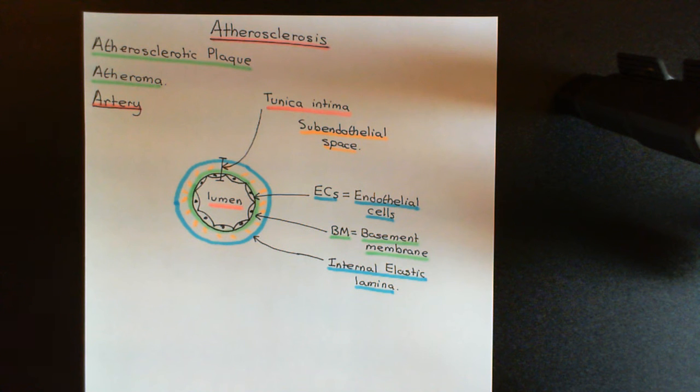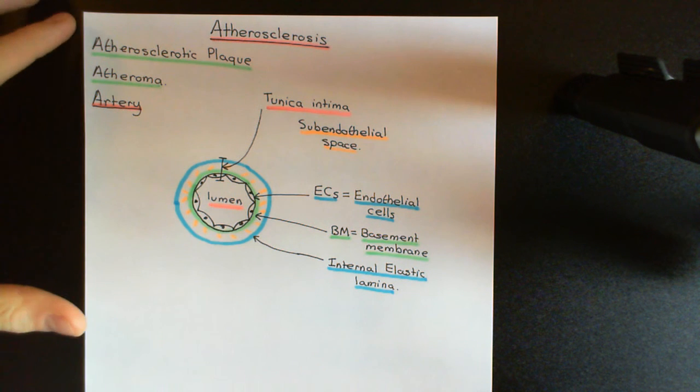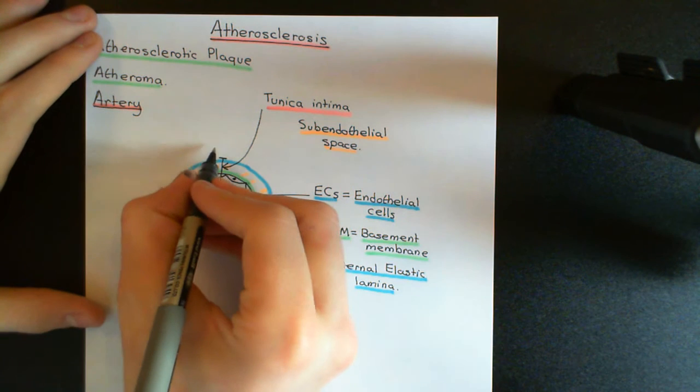An elastic artery, such as the aorta, the principal example, will have a huge amount of elastic tissue. A muscular artery, again with the carotid arteries as the principal example, will have much more smooth muscle. Right, so I'll draw some of these smooth muscle cells.